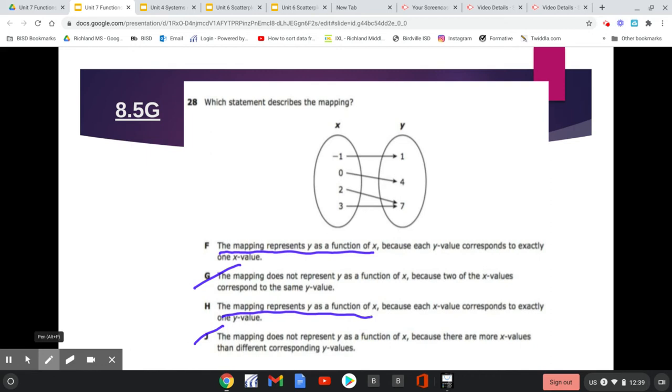And that's what it said in our notes. Our note says a function is a relation where every input, that's your x, has exactly one output, that's your y. So I'm going to pick H. I don't like these questions, but that's the answer.